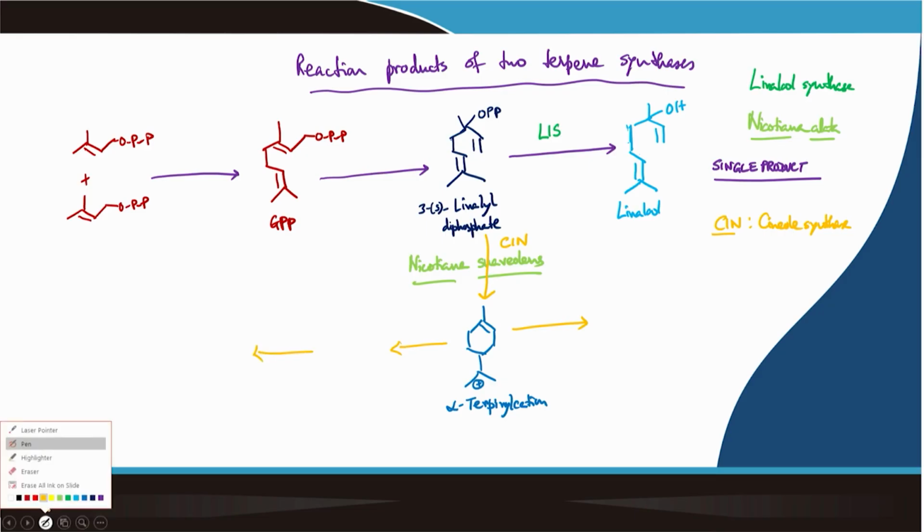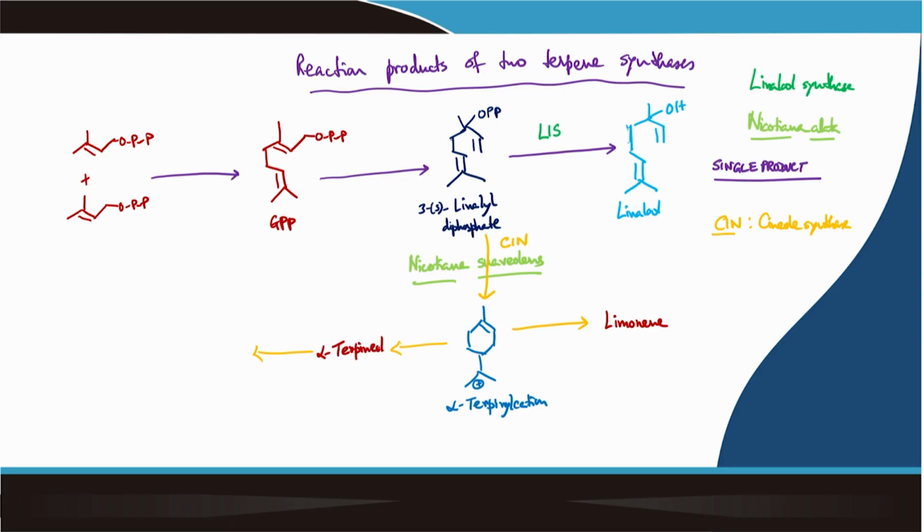I will not draw all the structures because it will take more time, so I will simply draw the major ones. This is limonene, and this is alpha terpineol, and then this forms the cineol, which is the major one, 1,8 cineol.